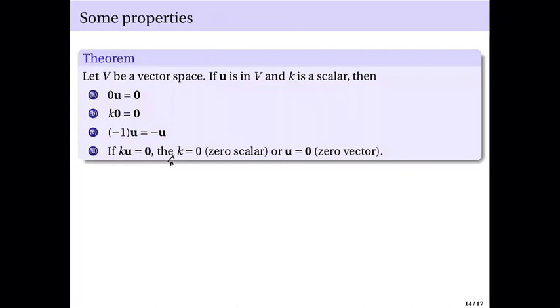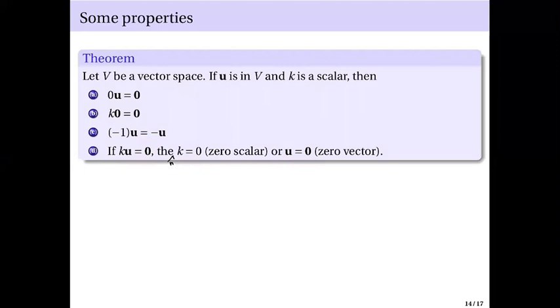And finally, we have this. If ku is equal to the 0 vector, then either k is equal to 0, so either the scalar is 0, or the vector u is the 0 vector.